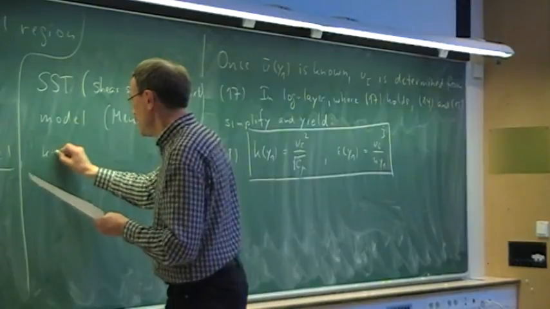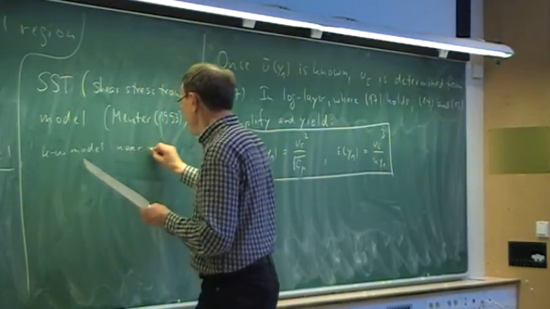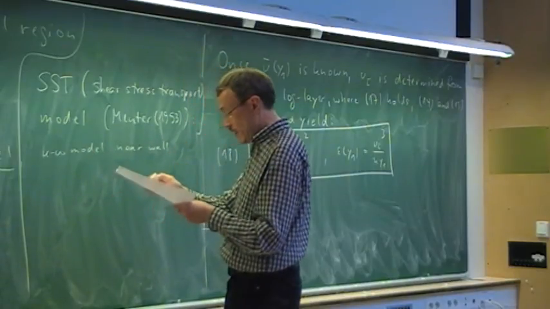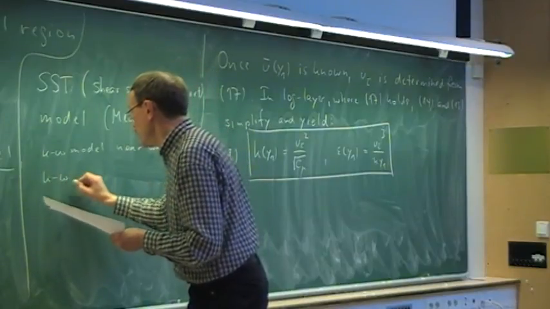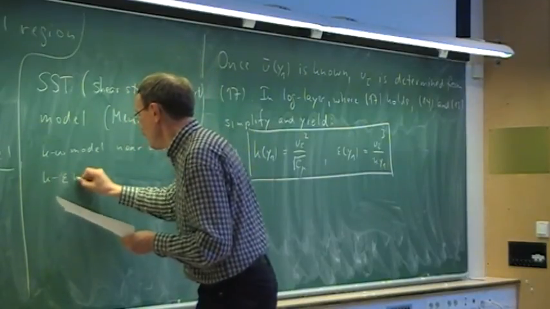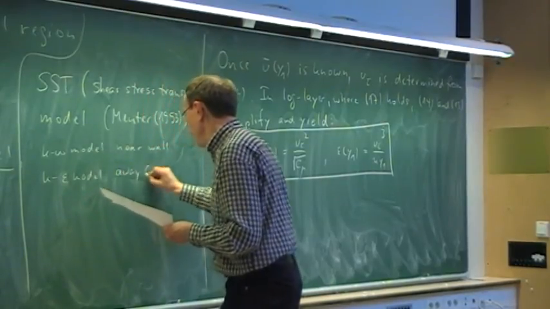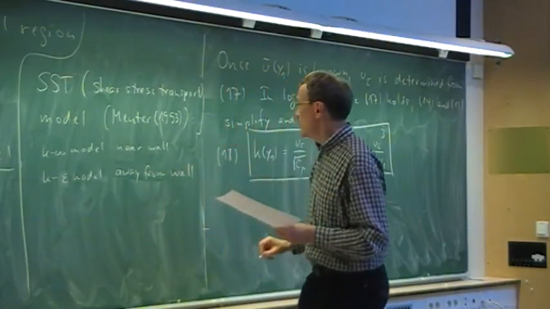So the K omega model near the wall and the K epsilon model away from the wall. So that is a combination.